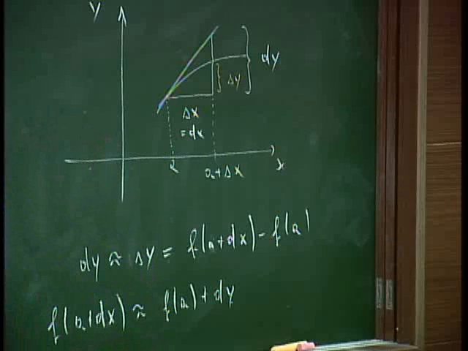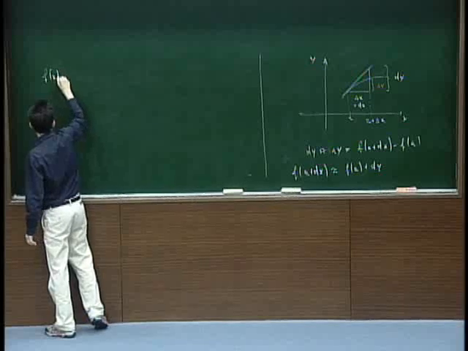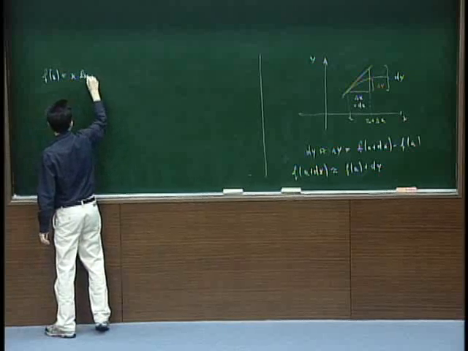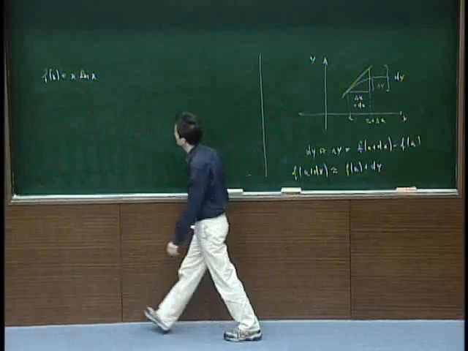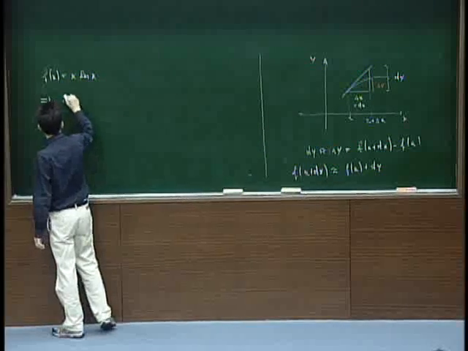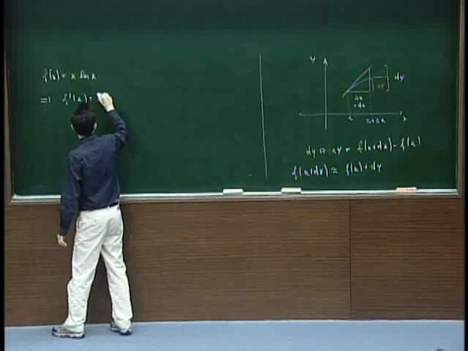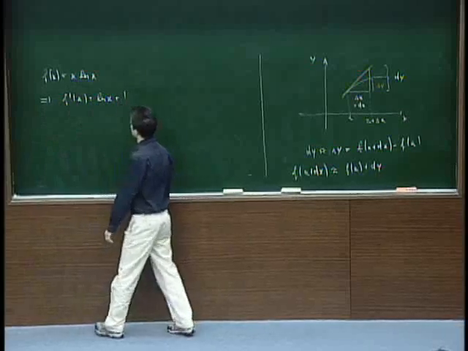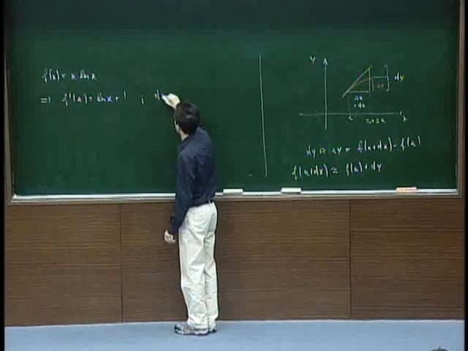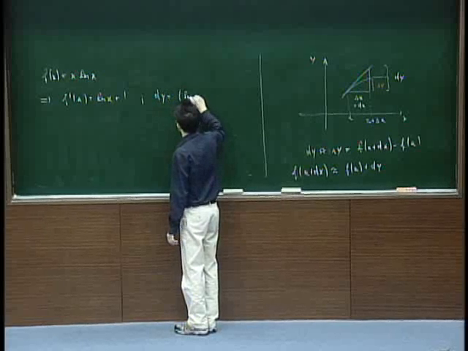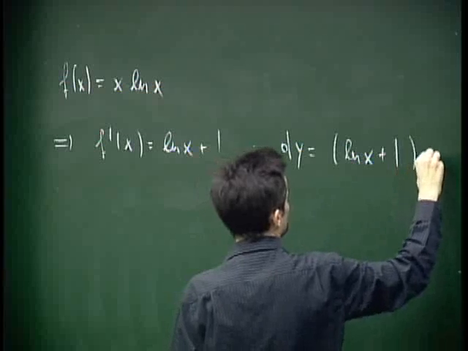Okay, so for instance, for the function f of x, you see that the derivative, so you can write this now using our notation as dy is equal to ln x plus 1 dx.